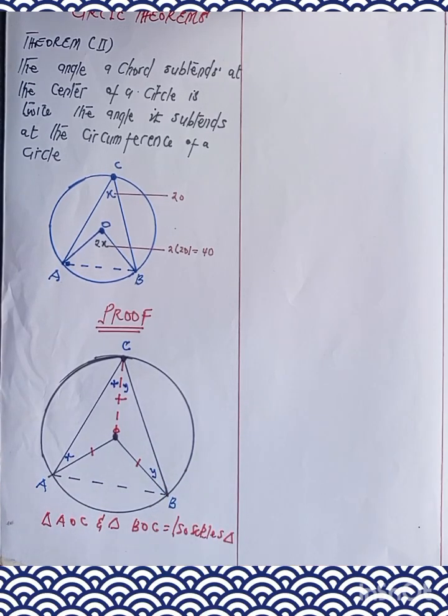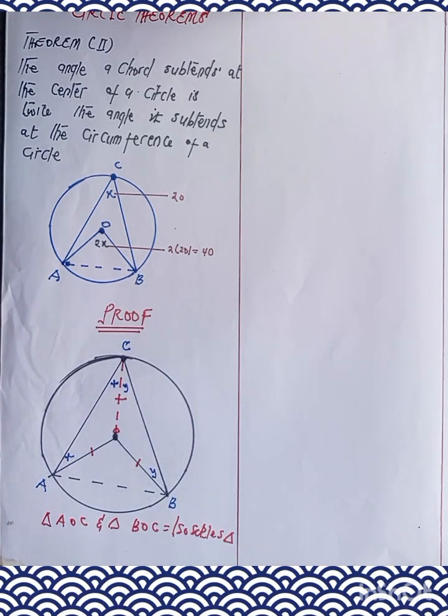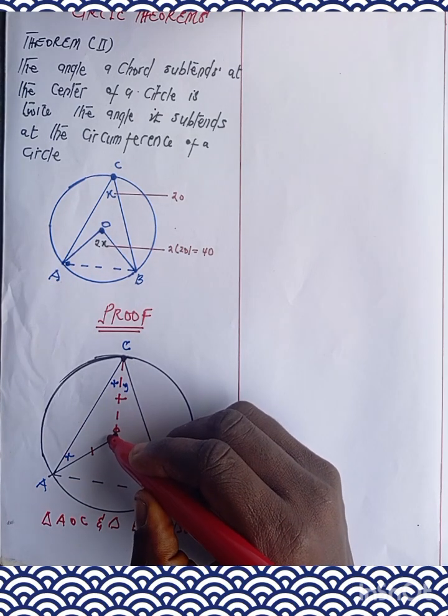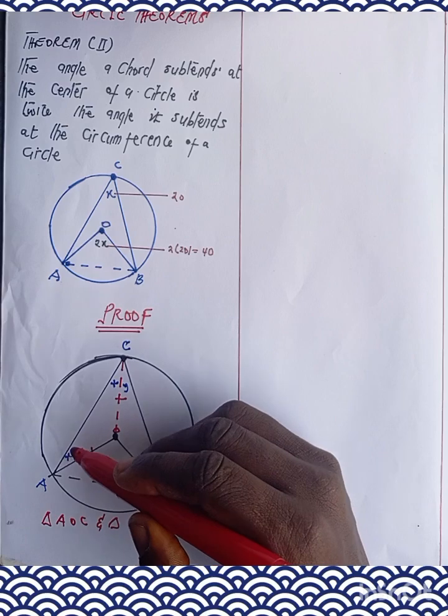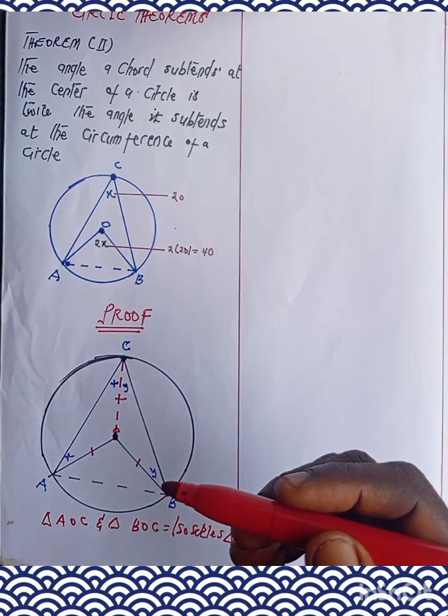Now we have triangle AOC. You know that the interior angles of a triangle sum to 180. So to get this very angle here, we can sum x plus x plus this very angle and equate it to 180.